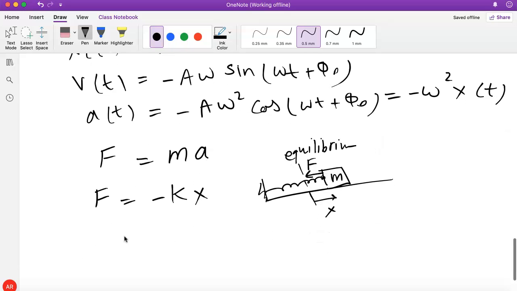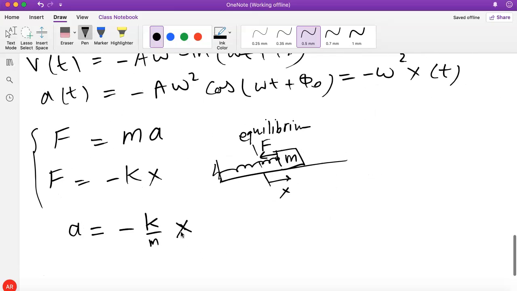And so putting these together, we find that if you have a force that's proportional to the displacement, the acceleration is minus k over m times x, if you divide both sides by m.